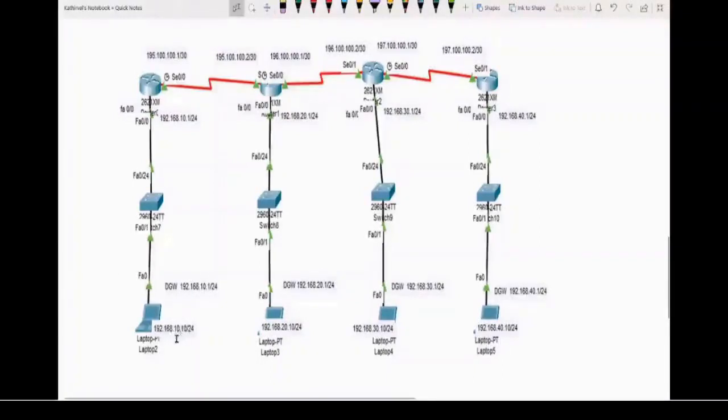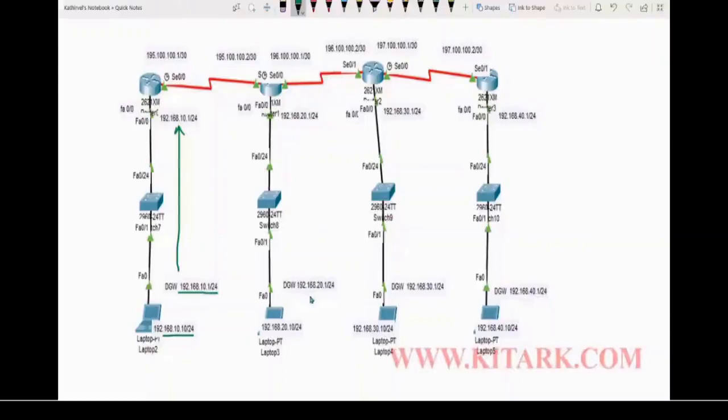So here you can see in the PCs 192.168.10.10. The other PC 192.168.20.10. The other one 30.10 and the next one is 40.10. Likewise, network to network we are going to communicate. For the 192.168.10.10, the 10.1 is going to be the default gateway, which is the router's interface. You can see 192.168.10.1 is going to be the gateway for it.